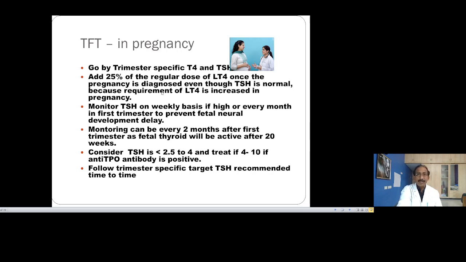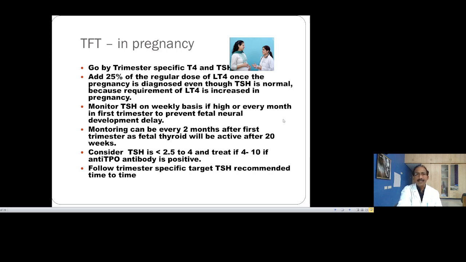But if the patient comes to you with a normal thyroid function test, and she happens to be already on levothyroxine, add immediately 20% extra dose of levothyroxine, even though T3, T4, TSH are normal, because the requirement is high. In pregnancy, you have to add 25% of the original dose. Suppose they take 100, put it on 125 before asking for thyroid function test.